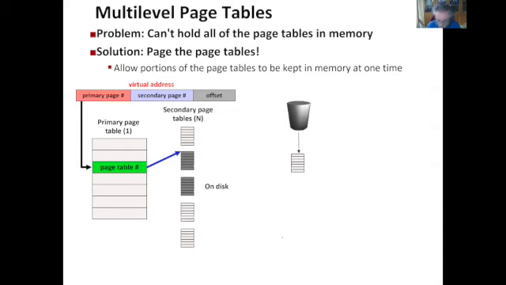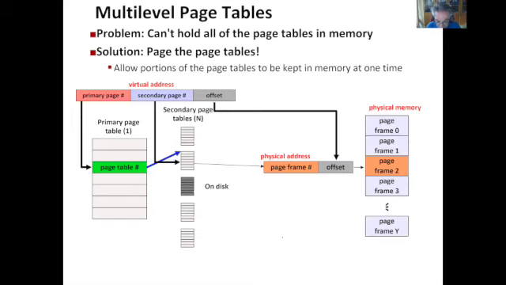Then you bring this in, and you update the first level page table. Now it's in memory. Once you have this, this entry points to the beginning of the second level page table, and this portion of the address, the second level index, you use to index it. From this you will get your PPN appended with the offset, and you will get your physical address.